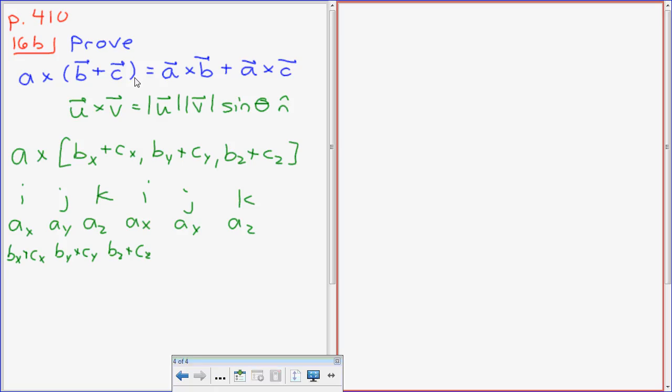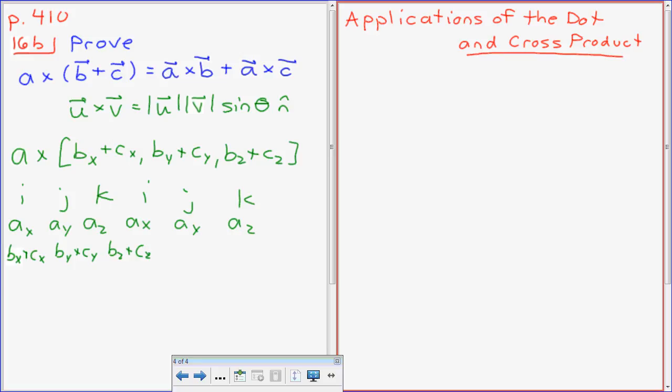Applications of the dot and cross products. That's what it is. Okay, the first one we're talking about is torque.